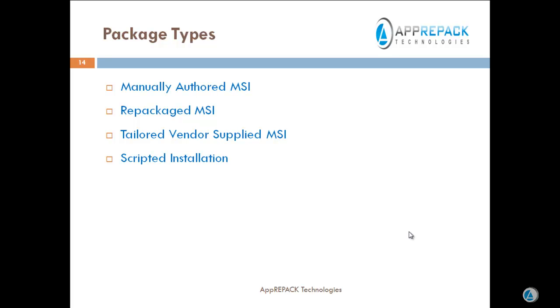Otherwise, repackage the application into an MSI or create transforms using the tailoring method for vendor supplied MSIs. The second, third, and fourth are the activities that we perform in application packaging or repackaging. And the first one is out of scope, that is manually authoring the MSI.